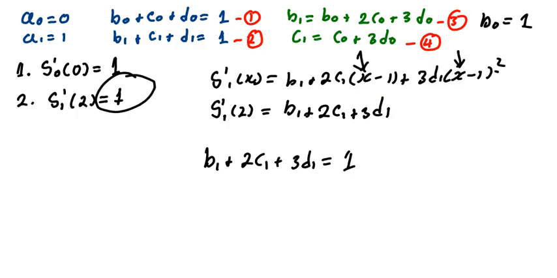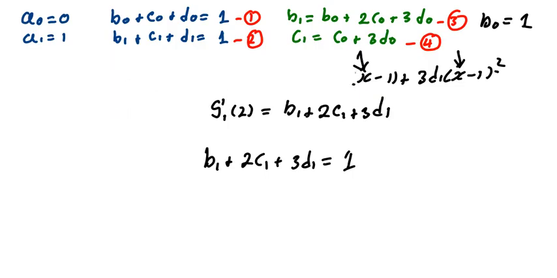This 1 that we have right here. So we can name that as our equation 5 perhaps. So we can say it's b sub 1 plus 2c sub 1 plus 3d sub 1 is equals to 1. Let me name this as equation 5.